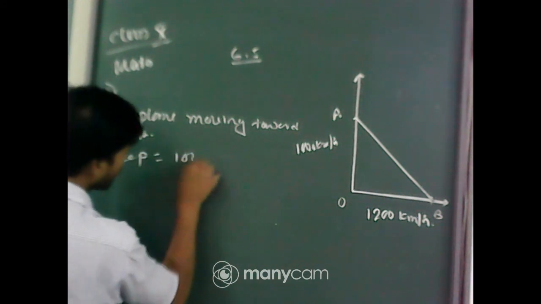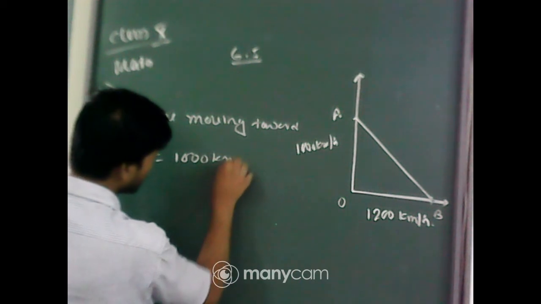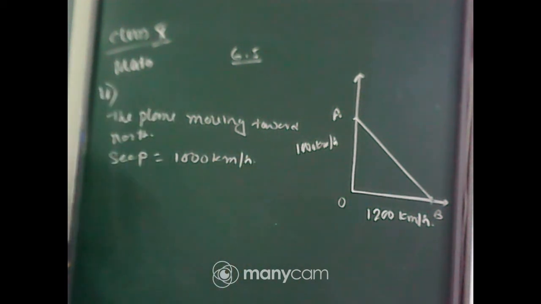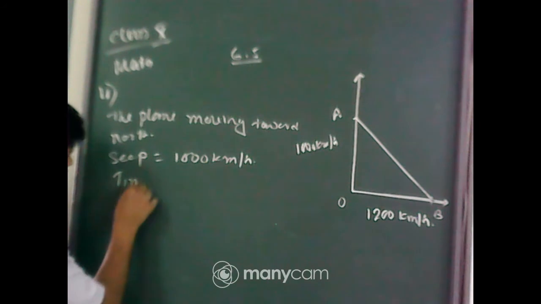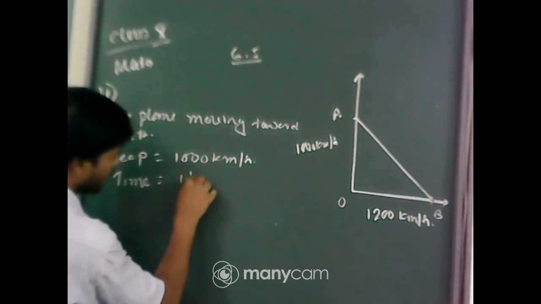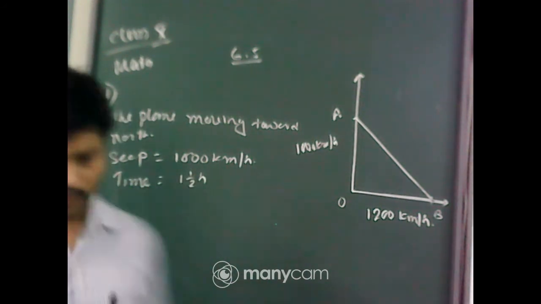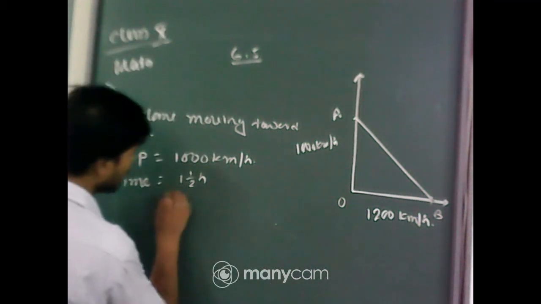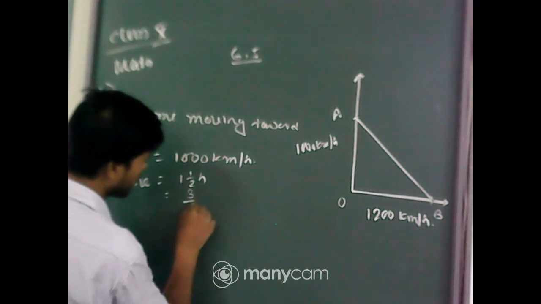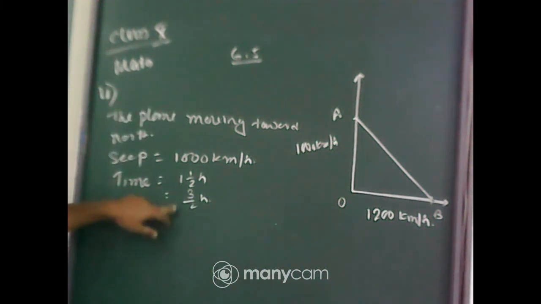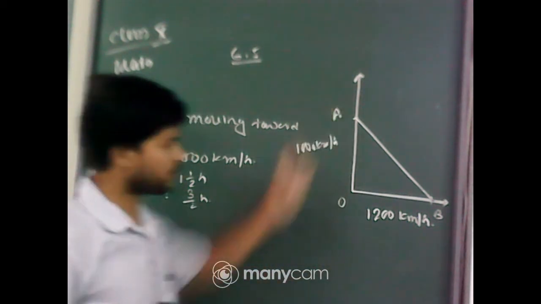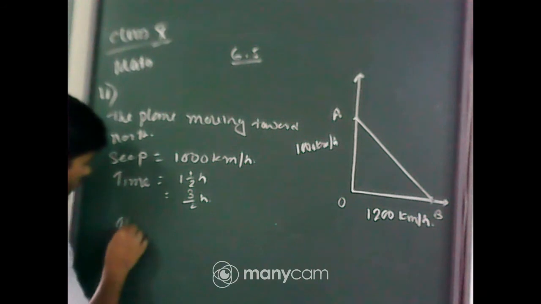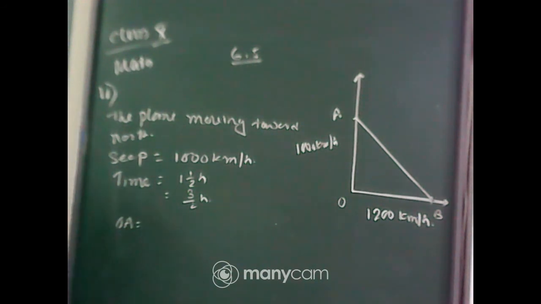Speed is equal to 1000 km per hour, and time is equal to 1 and 1 by 2 hours. Is it 1 and 1 by 2 hours? Yes, that means actually 3 by 2 hours. So in 3 by 2 hours, how much distance will the plane cover? So OA is equal to the distance covered by the plane in 3 by 2 hours.